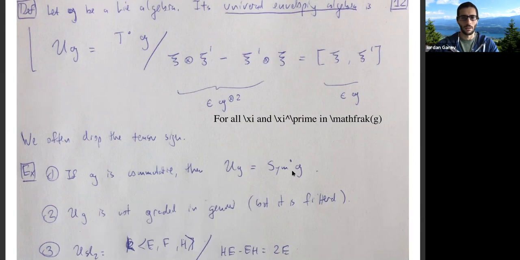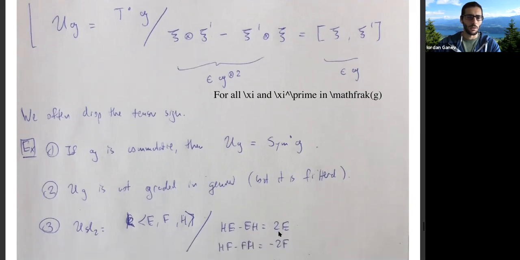If the Lie algebra is commutative, it doesn't have any extra structure. It's just a vector space. And as I pointed out, it's not graded in general. There is a filtration. If you're familiar with filtrations, there is a filtration on it.